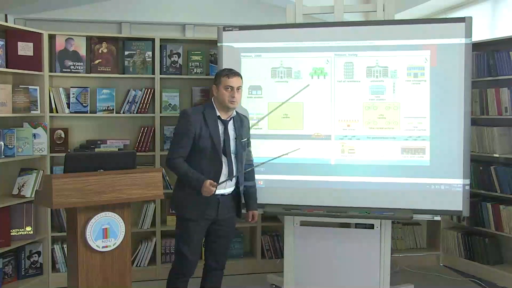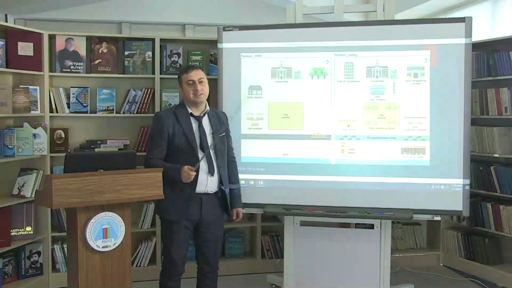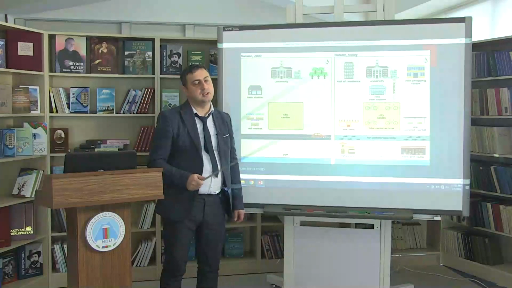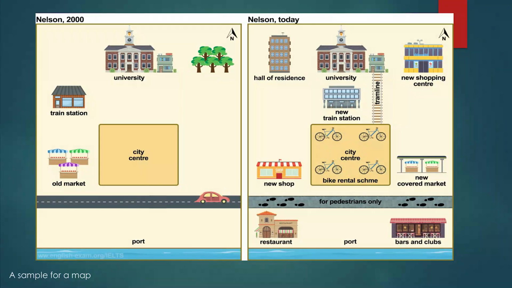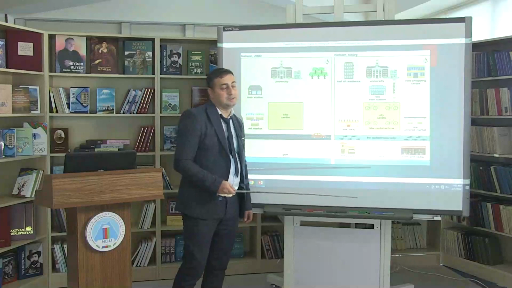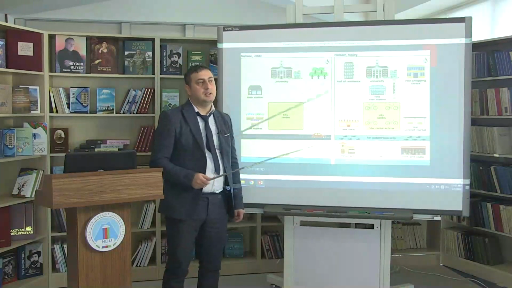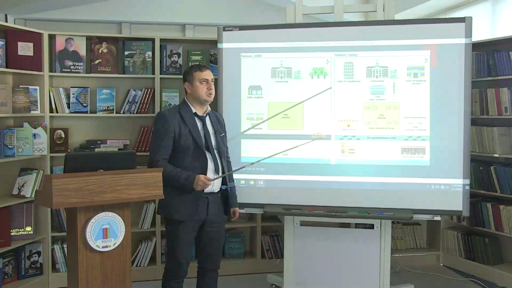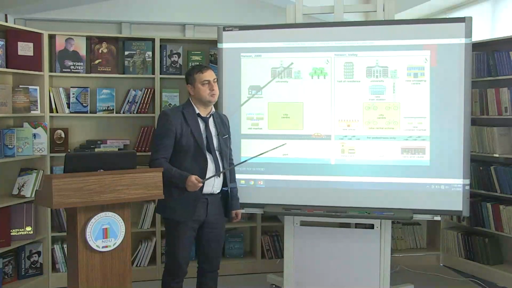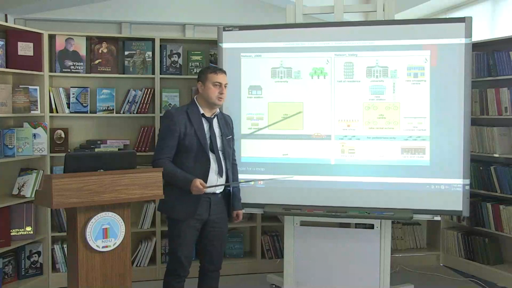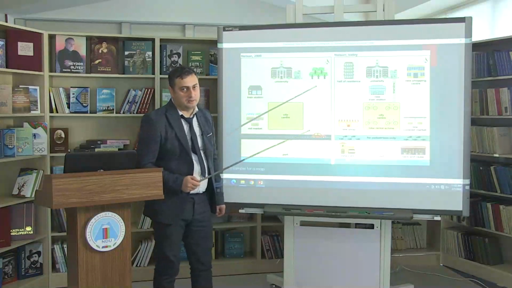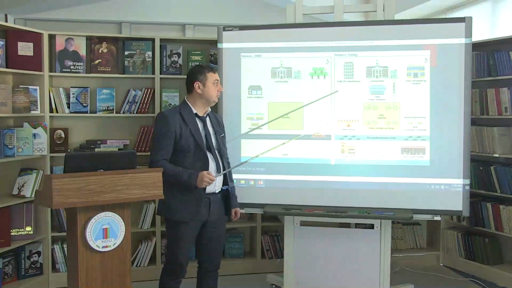And first of all, we should pay attention to the tenses while writing an essay. Mainly past simple and present simple, sometimes present perfect, or sometimes future simple may be used. But usually present continuous and past continuous tense forms are avoided because they are not used in writing task 1.